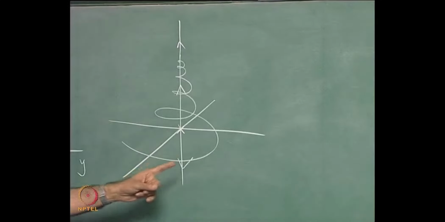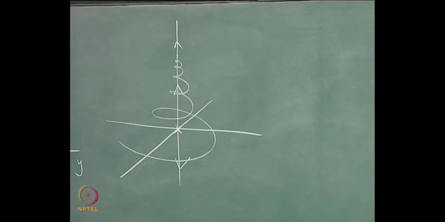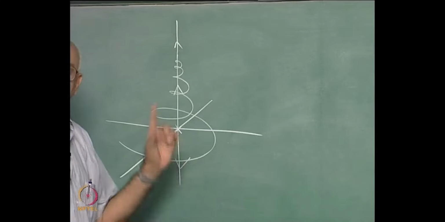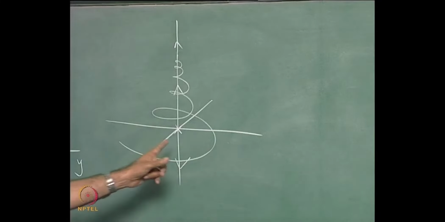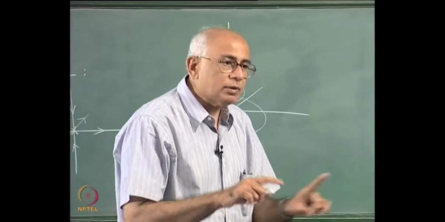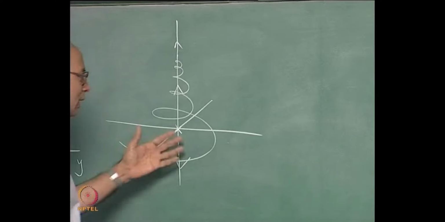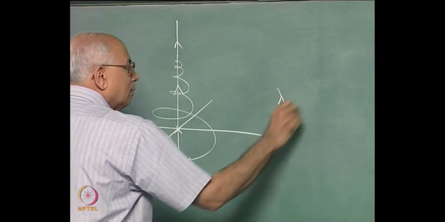What kind of eigenvalues do you expect here in the x, y, z variables? What would be the 3 eigenvalues, taking, in this case it is clear that the x axis, the y axis and the z axis are themselves the principal directions. So what kind of eigenvalues do you expect?